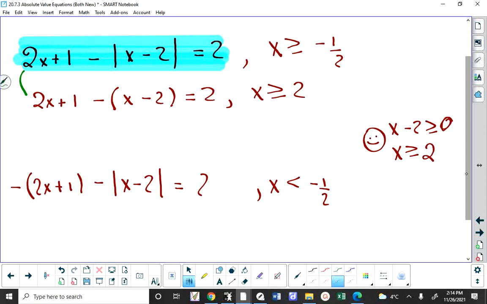And it becomes 2x plus 1, minus, now this argument of x minus 2, this is where we got kind of sidetracked yesterday with all the negatives, needs to be multiplied by negative 1 because we are going to now be talking about x is less than 2.